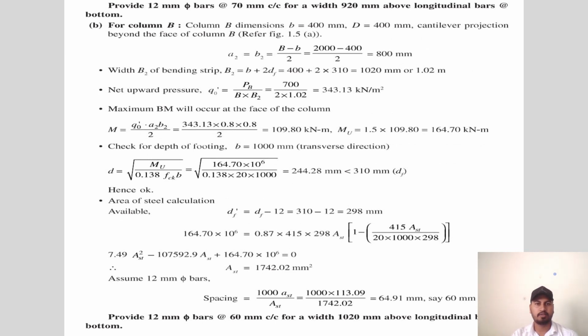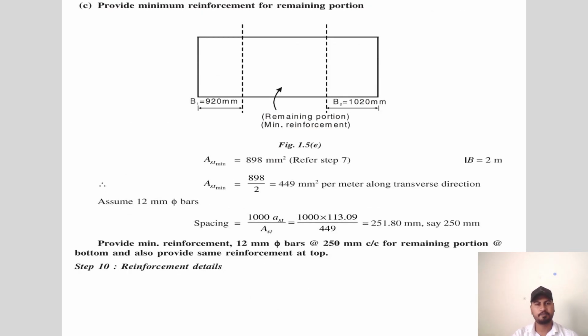Now for column B, again we will be getting the net upward pressure, width of bending strip, and maximum bending moment that will occur at the face of the column, and then we will be checking for the depth, and after the checking we will be calculating the area of steel to provide in column B. So it is similar to column A. Now we have to provide the minimum reinforcement for the remaining portion.